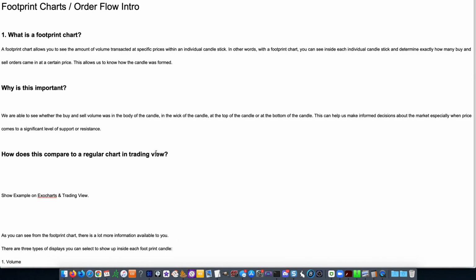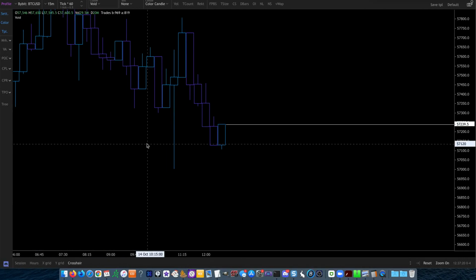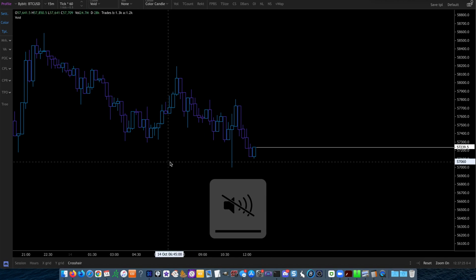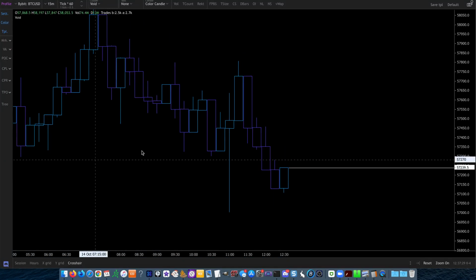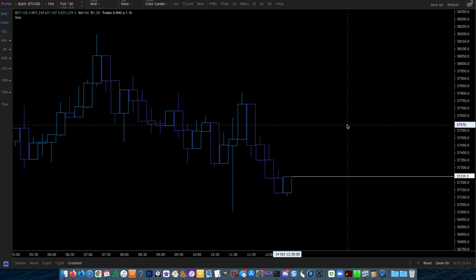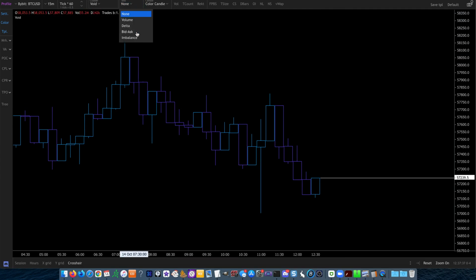Now, how does this compare to a regular TradingView chart? If we come to a footprint chart here, this is on XOcharts, we're going to turn on some information, and that will show you how this compares. We're going to start with putting on what's known as bid and ask.